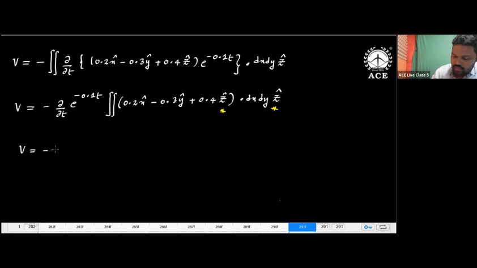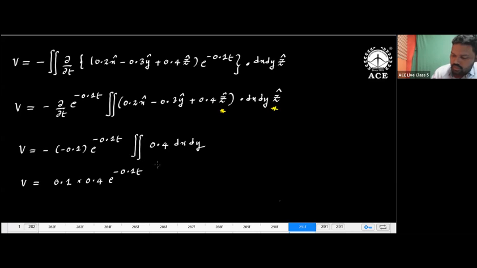So here it is minus 0.1 into e to the power of minus 0.1 t, 0.4 into dx into dy. Bring this inside, beta. 0.1 into 0.4 into e to the power of minus 0.1 t, here it is dx into dy. What is this indicating? This is indicating the area of the loop.